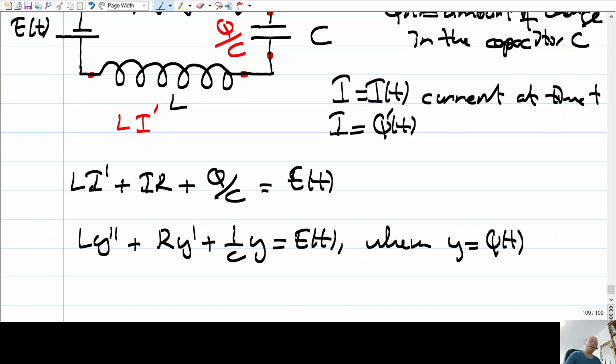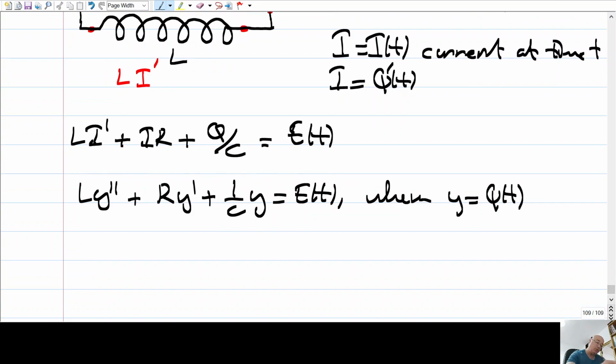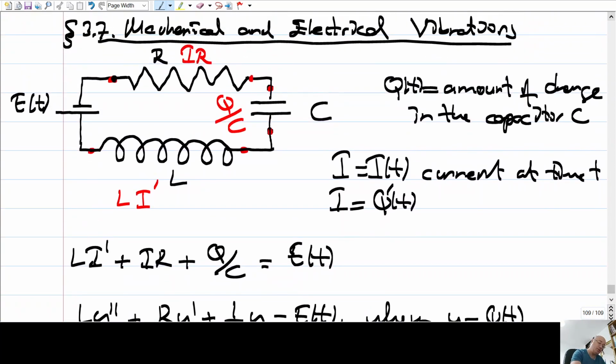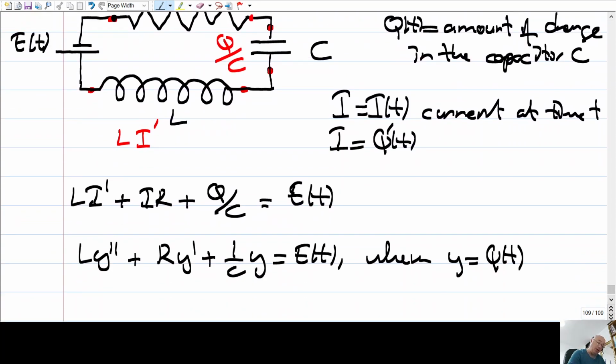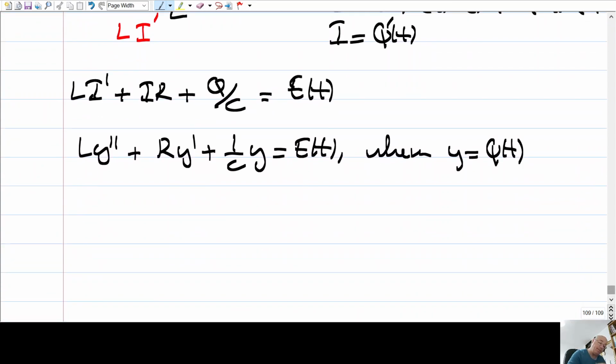If y represents the charge, then this is the differential equation which describes how the charge in the capacitor C changes in time. And today we will consider this equation. Basically, this is electrical vibration.